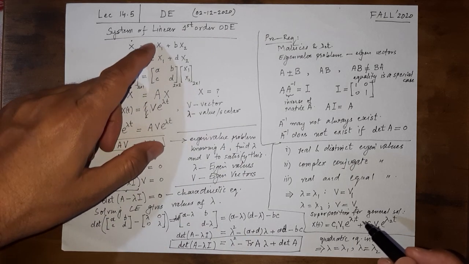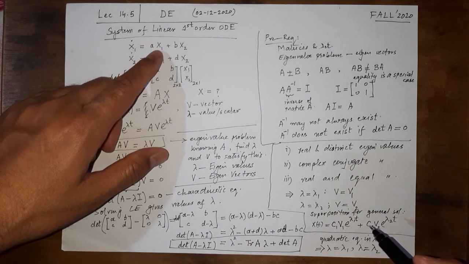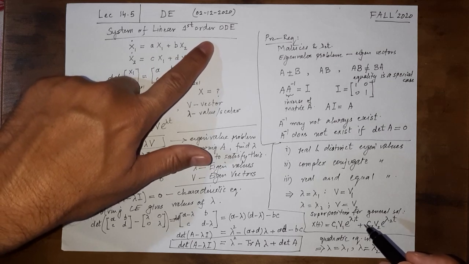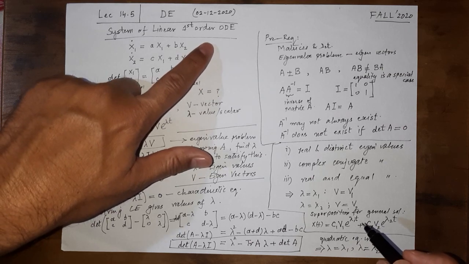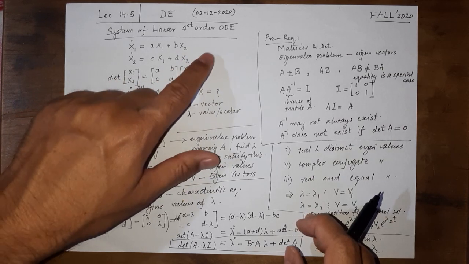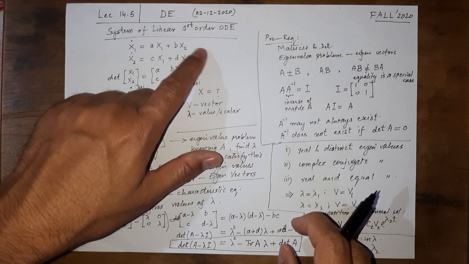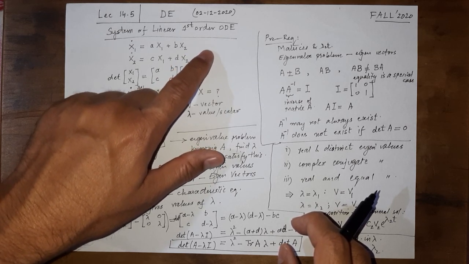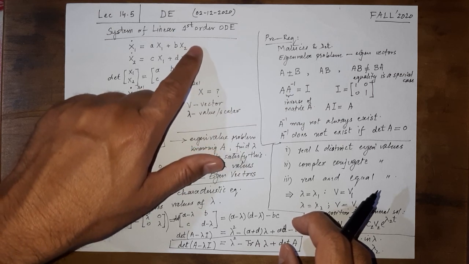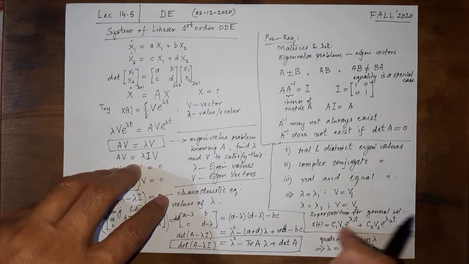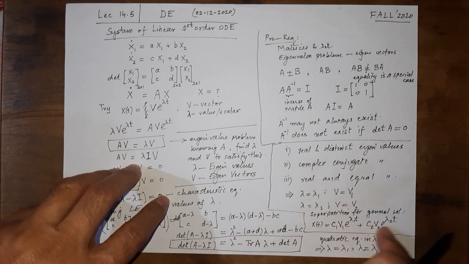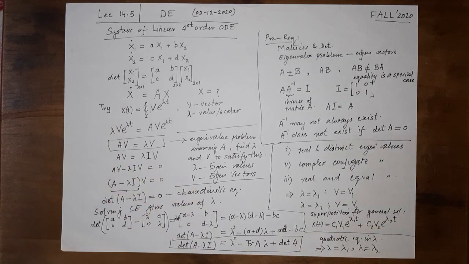With these differential equations, we are going to have initial conditions, one for each equation. Putting those initial conditions in this, we are going to get c1 and c2. So this is all about solving a system of first order linear differential equations.